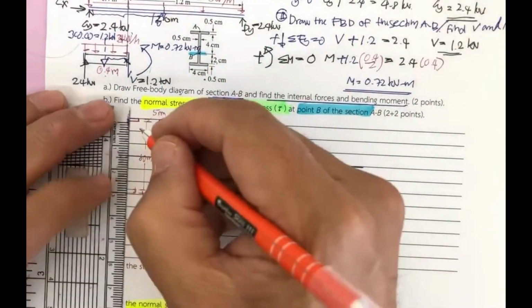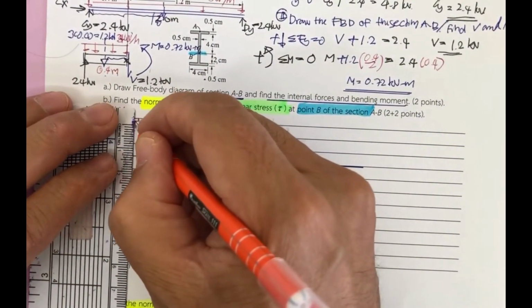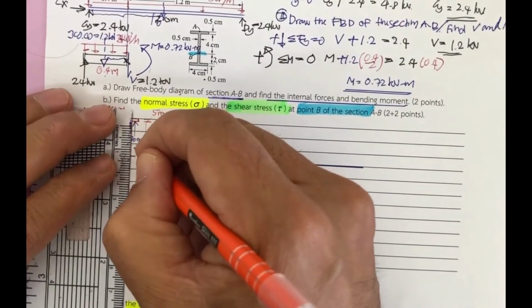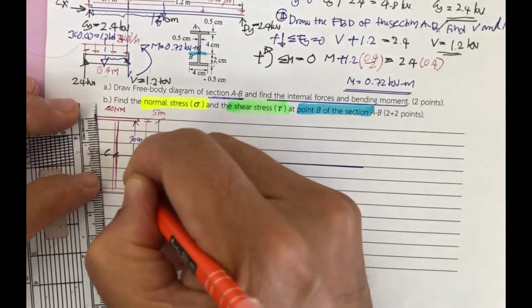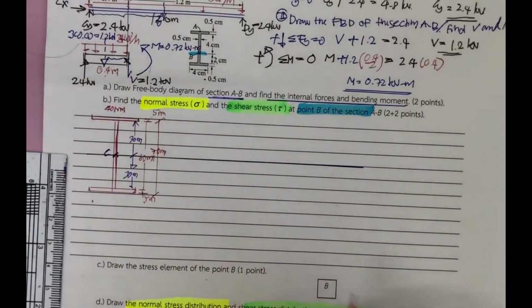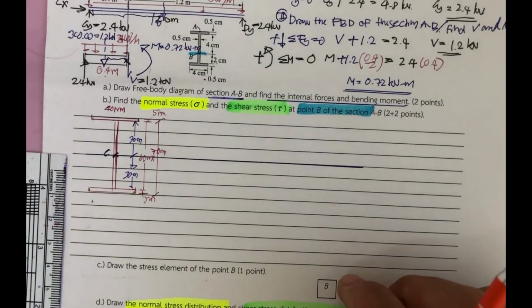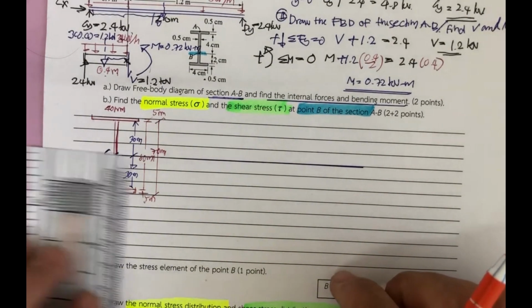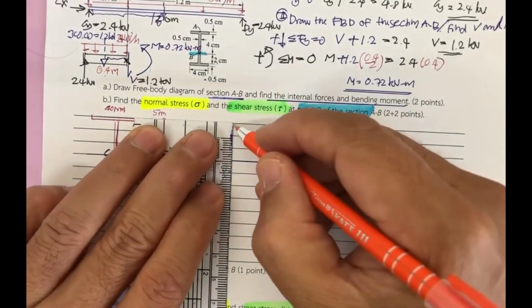Based on this, we have 30 millimeter and 30 millimeter for this one. The width is separated into two parts.